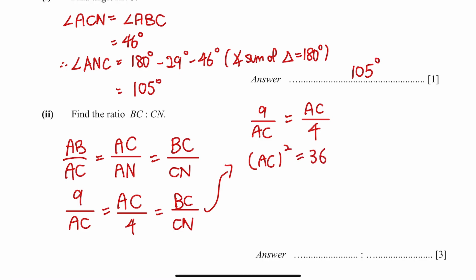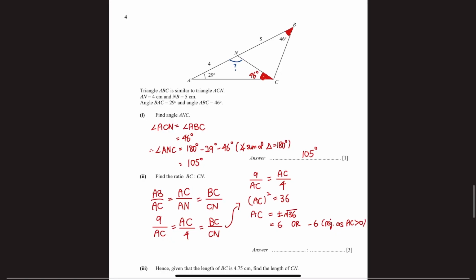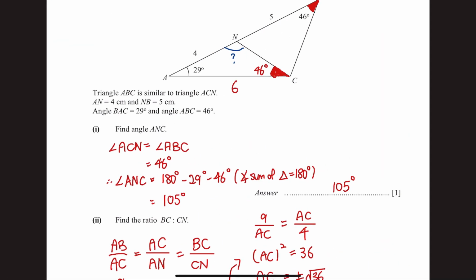So AC is equal to plus or minus the square root of 36, which is 6 or negative 6. We know that AC is a length, so we reject negative 6 as AC is more than 0. Therefore, AC is 6.